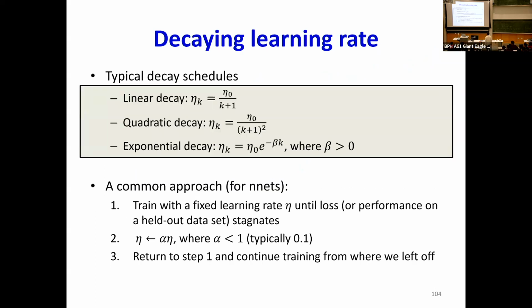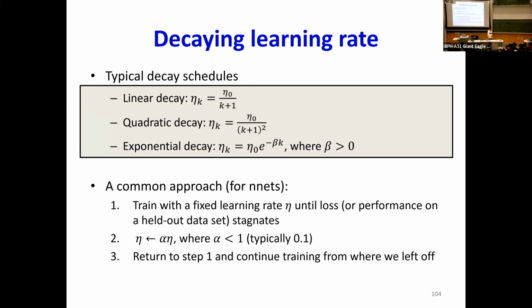So how do you decrease it? You've seen some of these schedulers in your homework. There are various decay schedules. You start off with some initial step size, learning rate eta 0, and then at the kth step it's going to be eta 0 divided by k plus 1. So it keeps decreasing linearly with iterations.